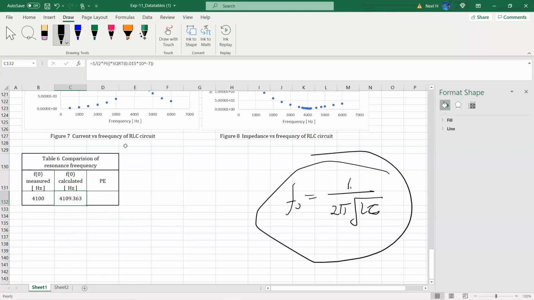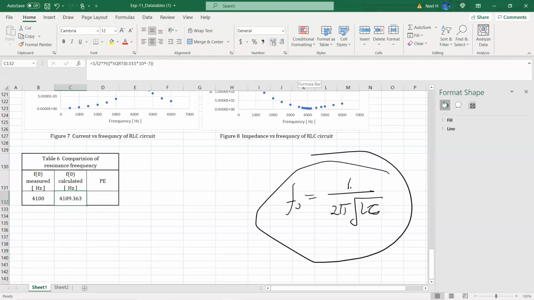So the number we're getting for the calculated value is 4109.363. So that's a very close number, okay? We could get even closer if I use a smaller increment range in the range of the maximum on the curve. Then if I get more and more data, I can get a better answer.